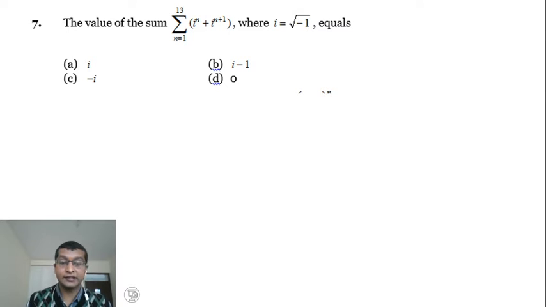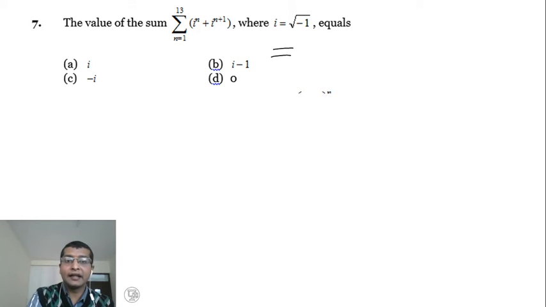So we'll move to our next example. The value of the summation n takes the value from 1 to 13 of the expression i raised to n plus i raised to n plus 1, where i equal to under the square root of minus 1, is equal to. Okay, so first we'll expand this. So I take the value of n equal to 1. First I expand the first term and then I am going to expand the second term.